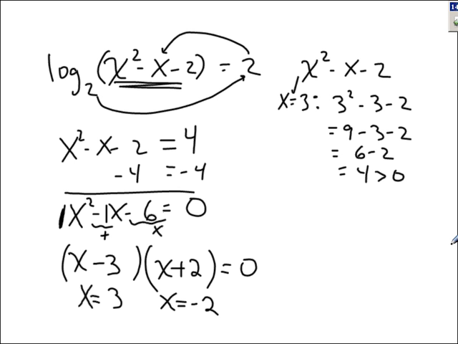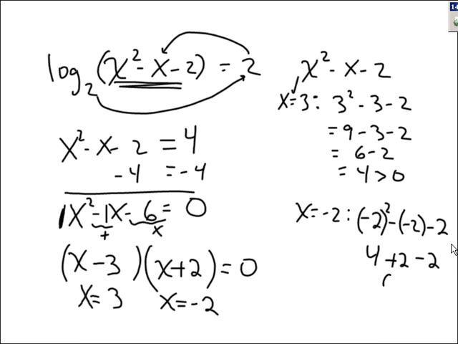So x equals 3 is okay. Now we try the same thing when x is negative 2. You get negative 2 squared minus negative 2 minus 2. You get 4 plus 2 minus 2. You get 6 minus 2, which is also 4, which is greater than 0.